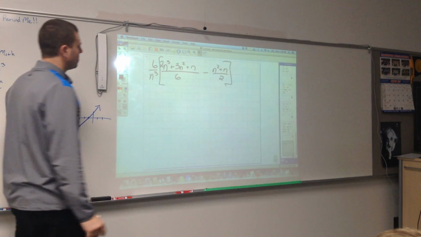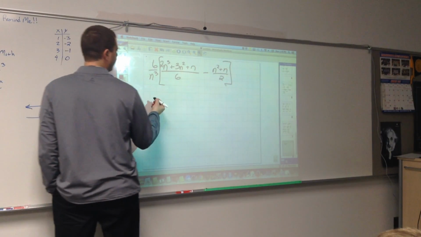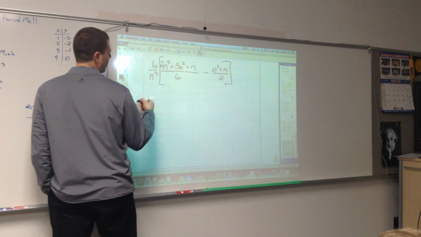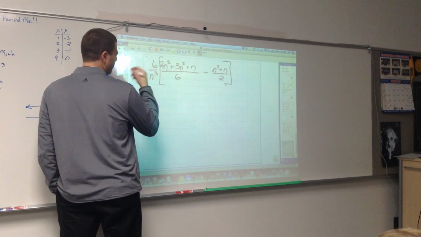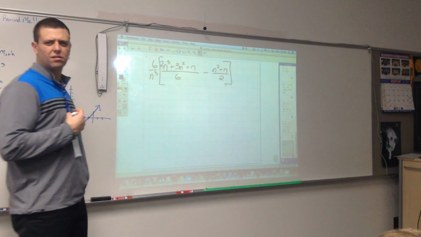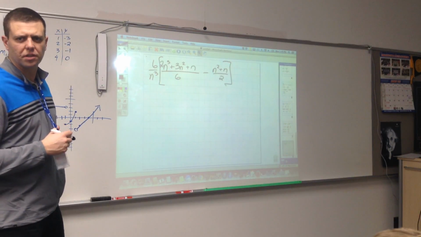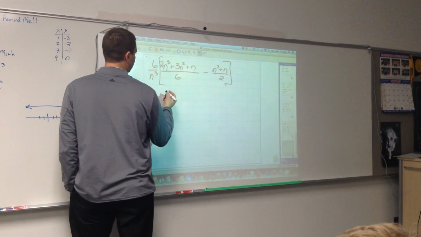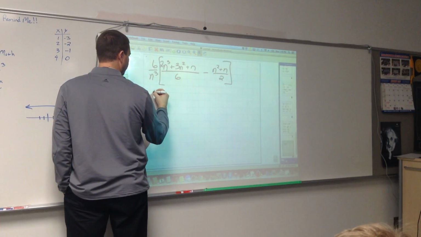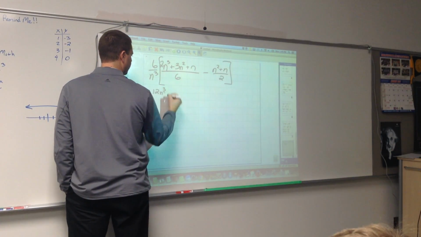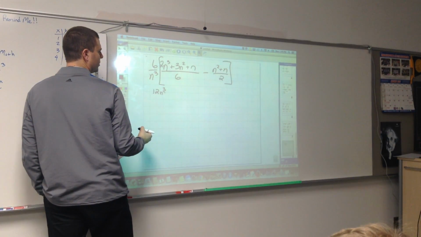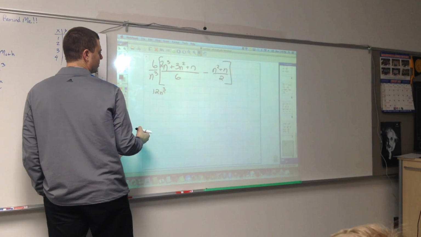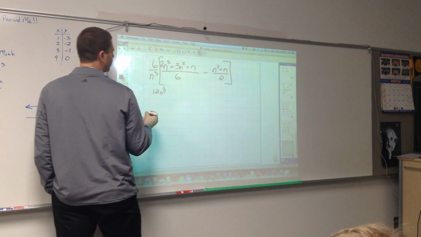You could get a least common denominator, and then you could subtract those two before you FOIL that in. I'm going to distribute first, but yes, you could. So this is going to be 12n cubed. I won't go too many steps here.